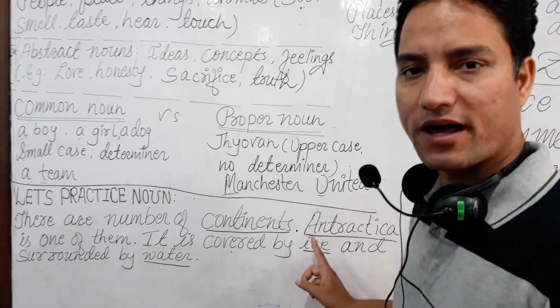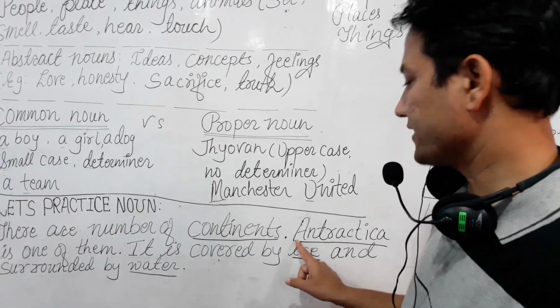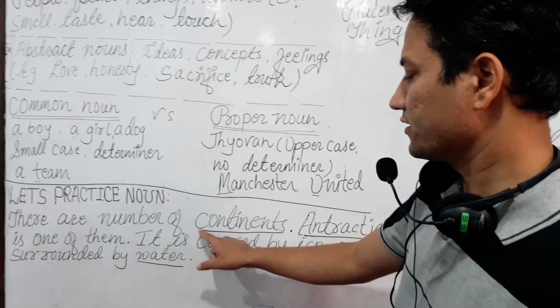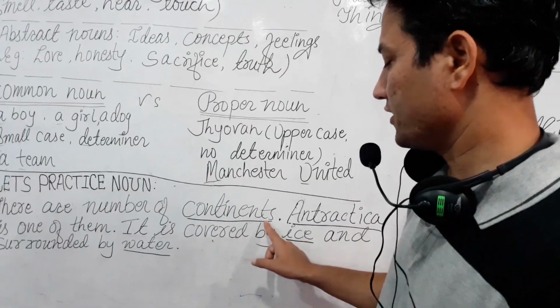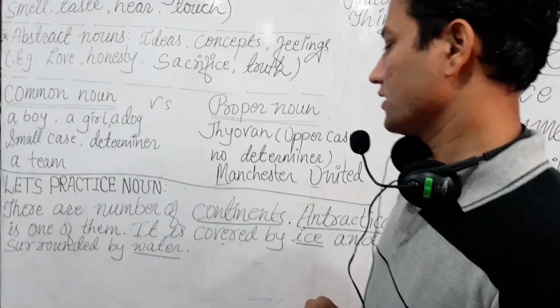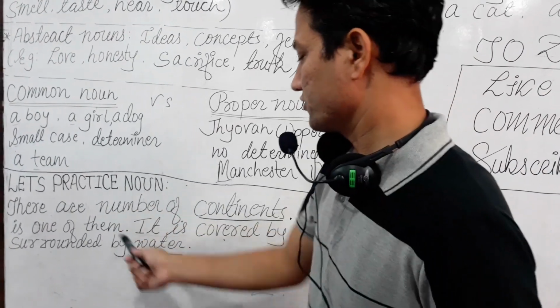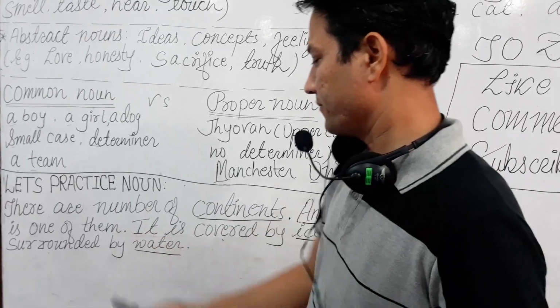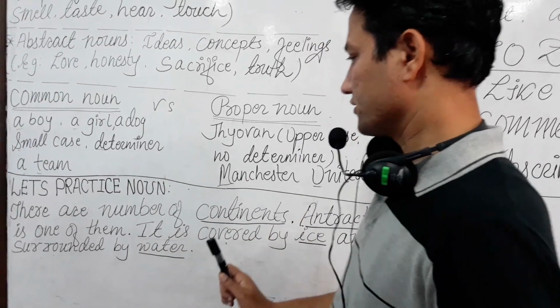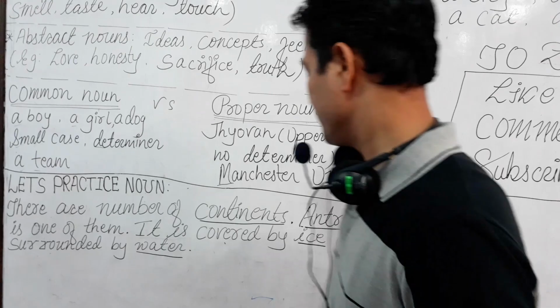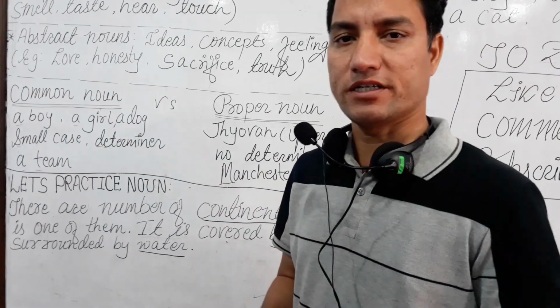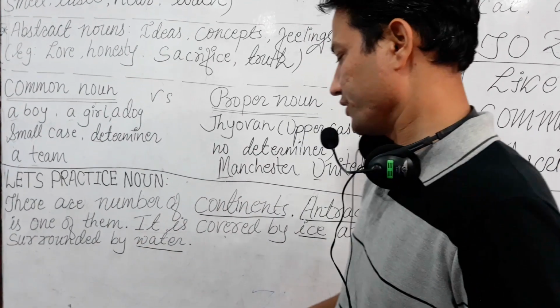Antarctica is a proper noun. That is why it has been capitalized. Whereas continent is a common noun. That is why it is not capitalized. There are other nouns also, but we will not talk about them. Let's not talk about the pronouns. I'll be talking about them in another lesson, in another video.